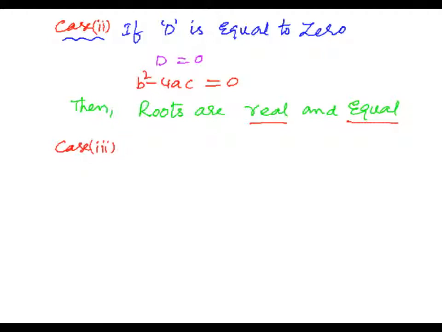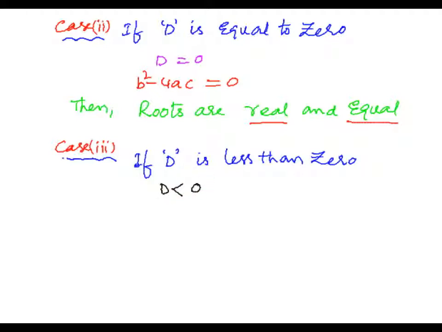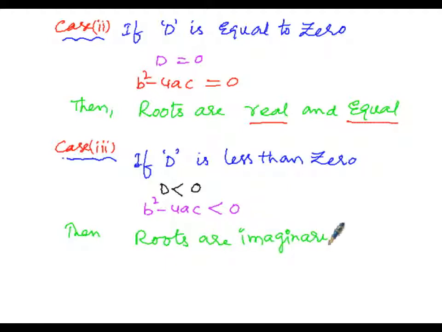Now let us go for case number 3. In case the value of D, that is the discriminant value, is less than 0, mathematically D less than 0, that is b square minus 4ac less than 0, then the roots are imaginary, or in other words complex roots.